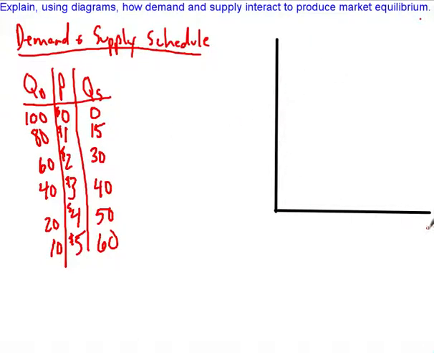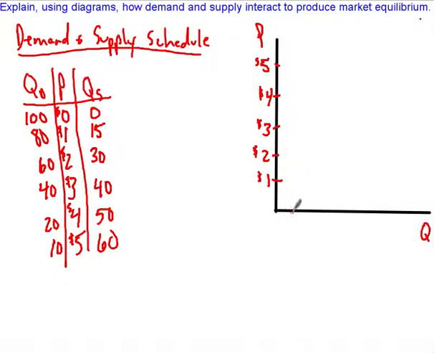Now what we want to do is come over here and plot it out. We don't need to put quantity demanded or quantity supplied. This is just the quantity, the equilibrium quantity, or the quantity that's going to be purchased. And up here, remember, is price. So we've got from 0 to 1, 2, 3, 4, 5. So $5, 4, 3, 2, and 1.